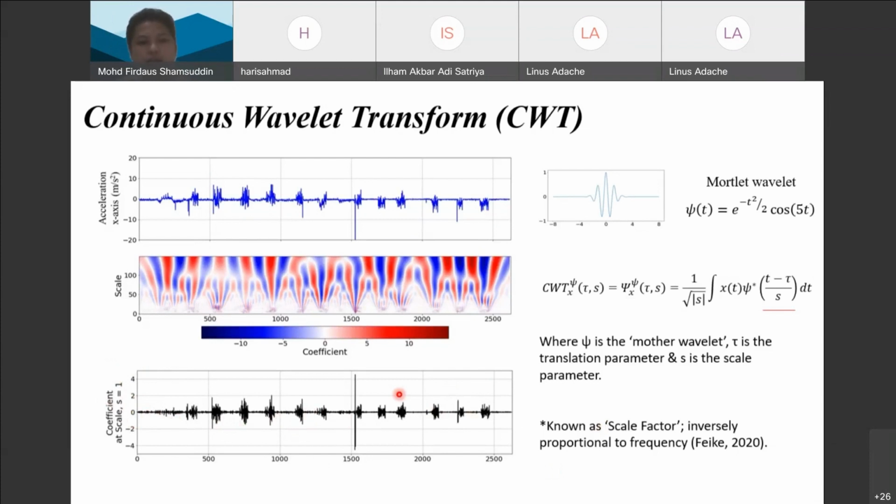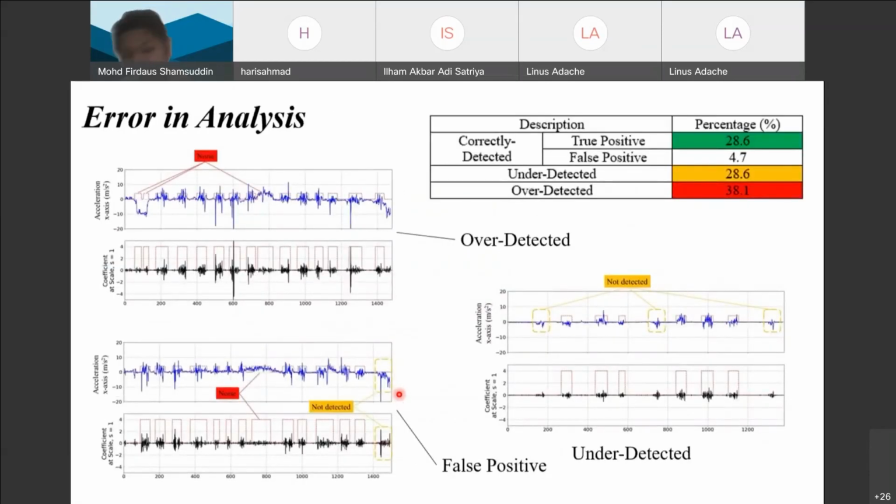Okay. Basically, based on the continuous wavelet transform, we have done the analysis and everything. But in the analysis, there will be 4 situations: whether we have a true reading, whether it is undercounted, overcounted, and also false positive.